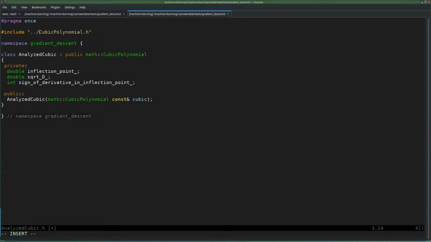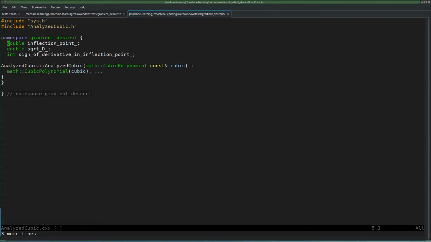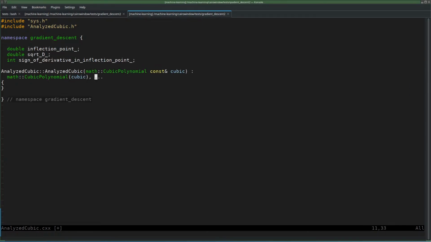I can store that there at the moment. So that would be a member function of the base class.